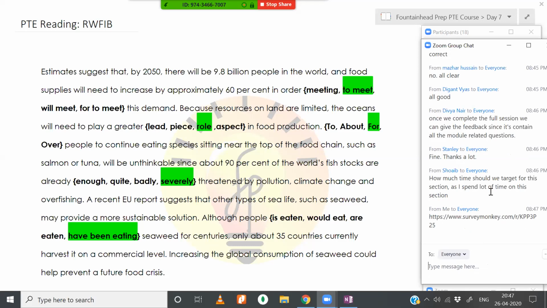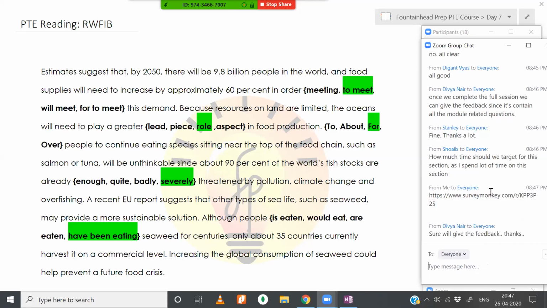Shoaib, how much time should we target for this section, as I spend a lot of time on this section? Understand that out of all the question types in the entire reading section, reading fill in the blanks and reading and writing fill in the blanks carry a lot of weightage. So you should be investing a significant amount of time in these question types.